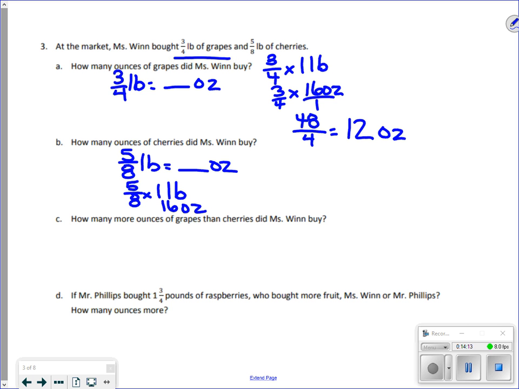Can you do some problems of small to big divide? The only difference of small to big and big to small is this part right here. This is why I do the break it apart, isolating the unit. The only difference is this would be a fraction. Because this would be 1 ounce going to a pound.